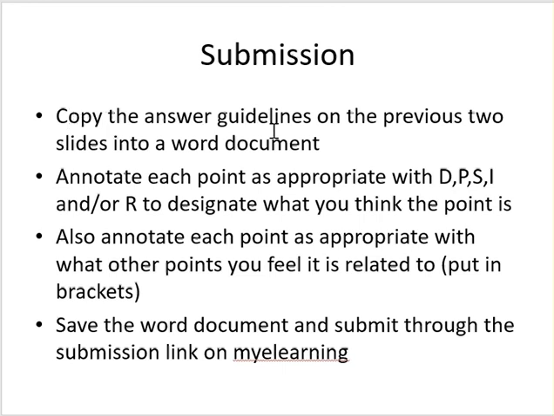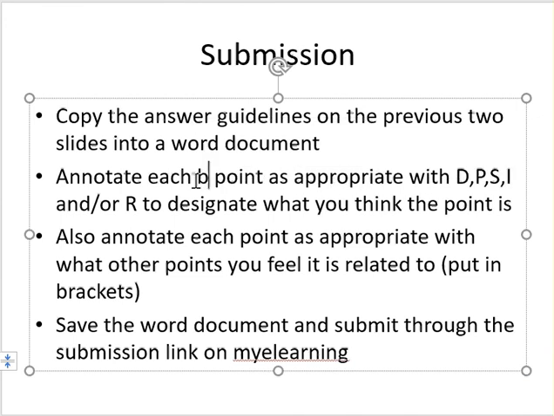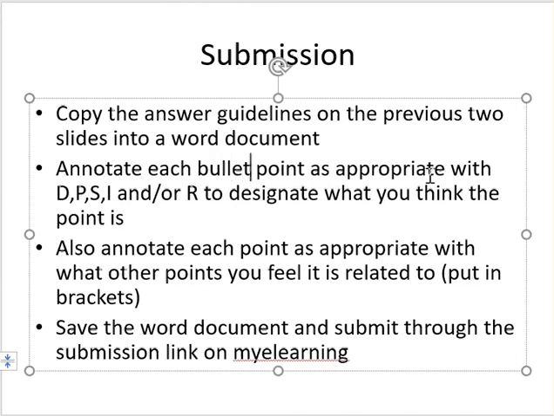You'll copy all the answer guidelines on the 2 previous slides into a Word document, and you will annotate each bullet point as appropriate with DPSIR and designate which do you think each point is, okay?